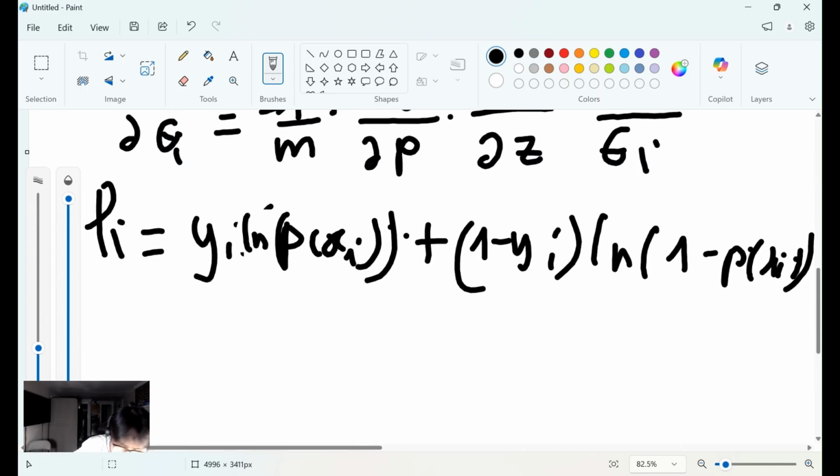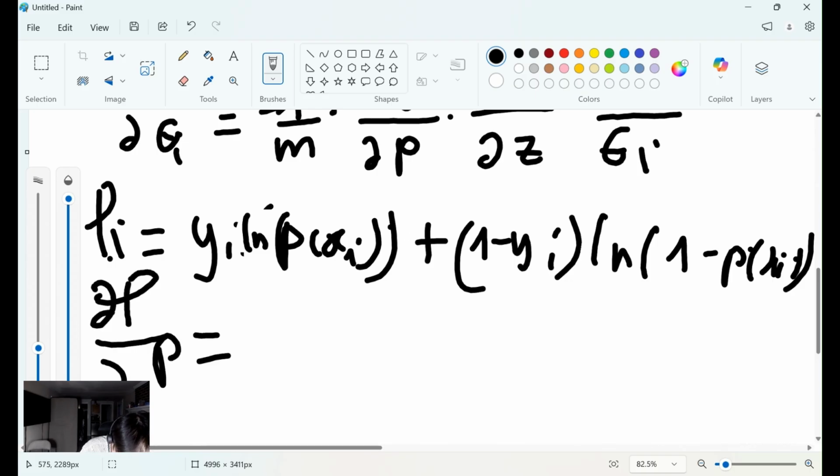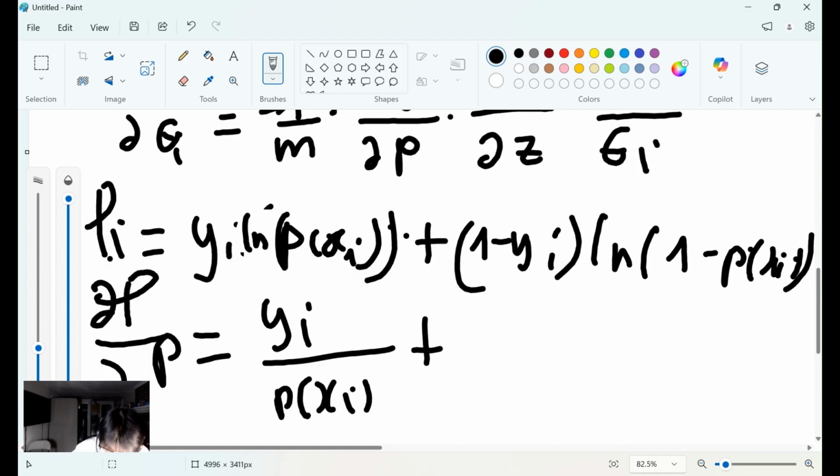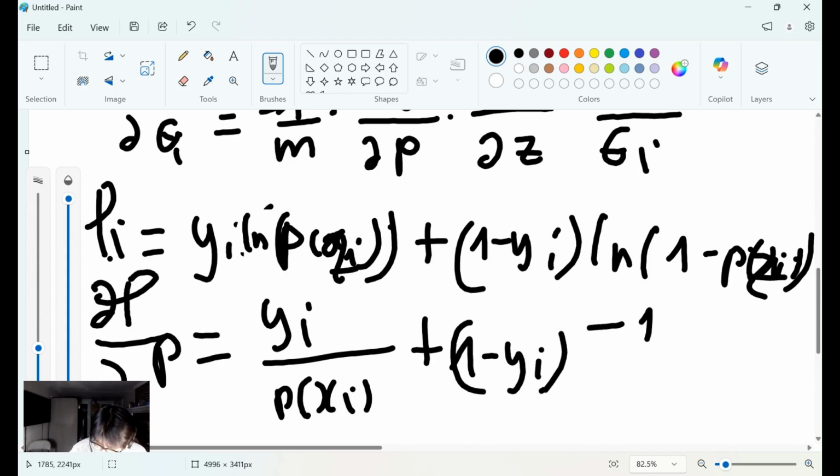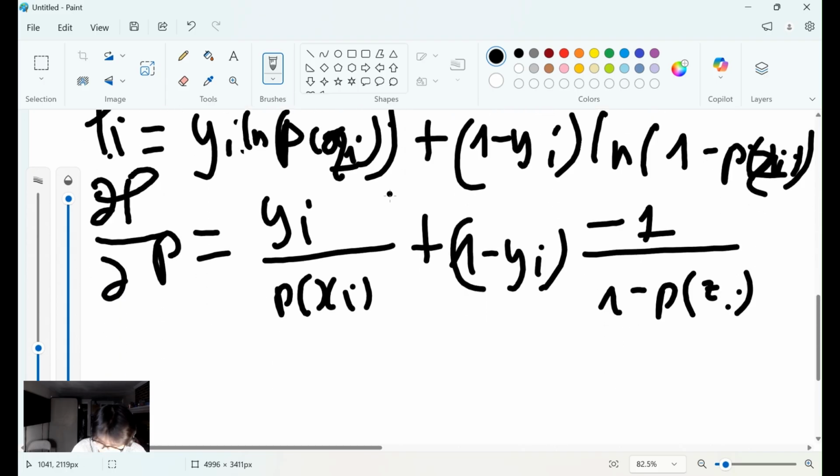Okay, so now we have this function. In order to take the derivative over p, it becomes something like yi over p of zi plus, sorry, this is an x, this is z, I always forget this, plus 1 minus yi over minus 1 minus p of zi.